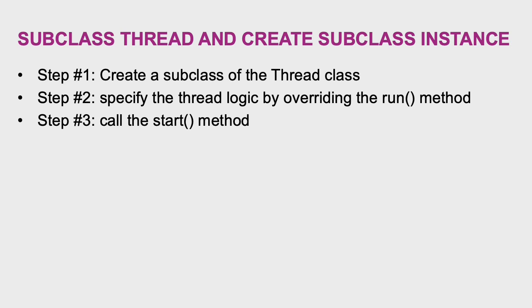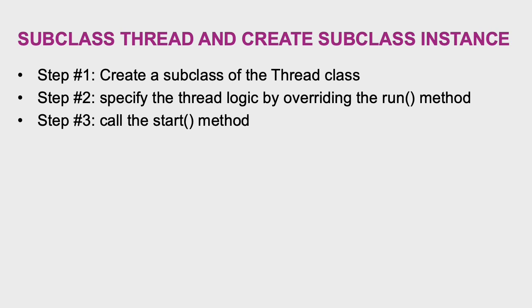Well, it's very simple. Basically, we first have to create a subclass of the thread class. Second, we have to override the run method of the thread class. So it's something very easy for anyone who is familiar with object orientation.